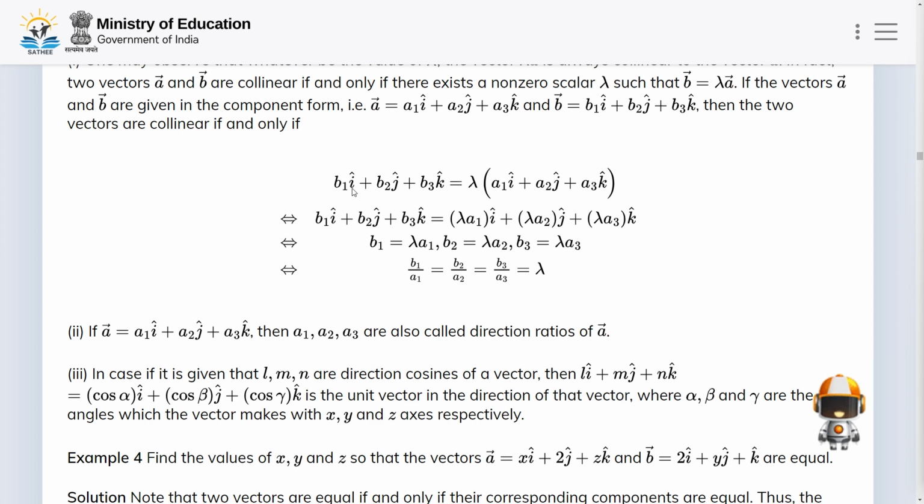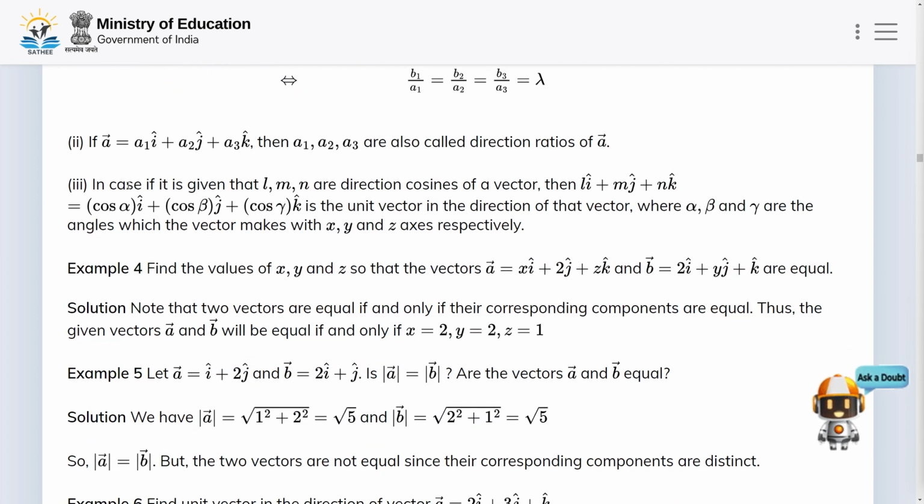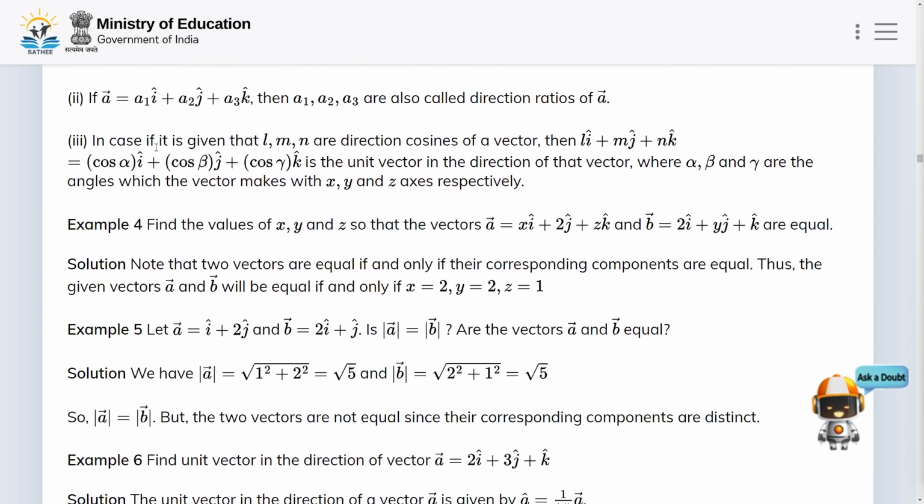Now this gives the second point. Now the third observation. In case it is given that l, m, n are direction cosines, direction ratios are different, direction cosines are different. So these l, m, n are direction cosines of a vector.